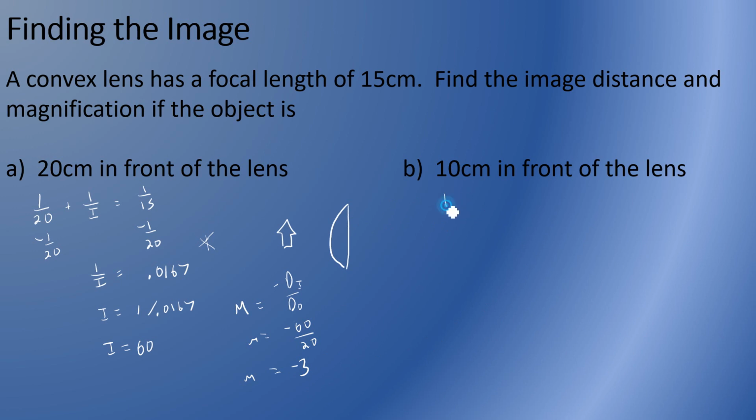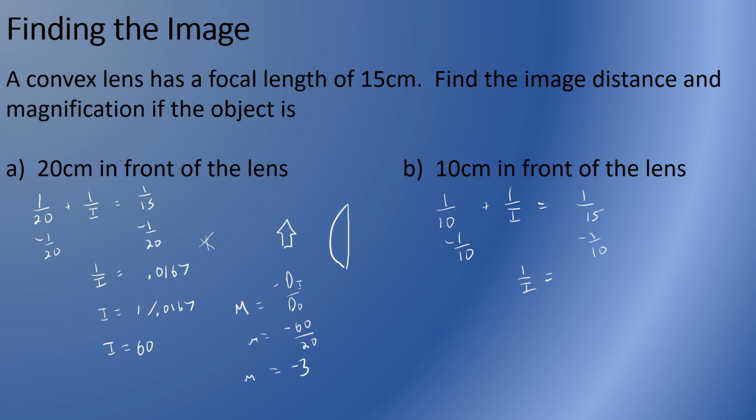Okay, this one, 1 over 10 plus 1 over image is going to equal 1 over 15. So subtract the 1 over 10. So 1 over 15, subtract 1 over 10. My calculator cooperates.